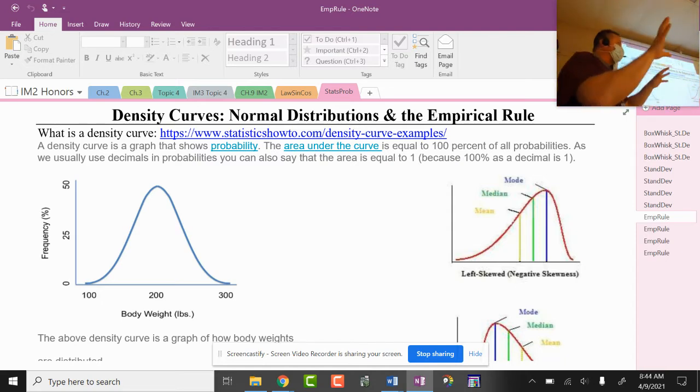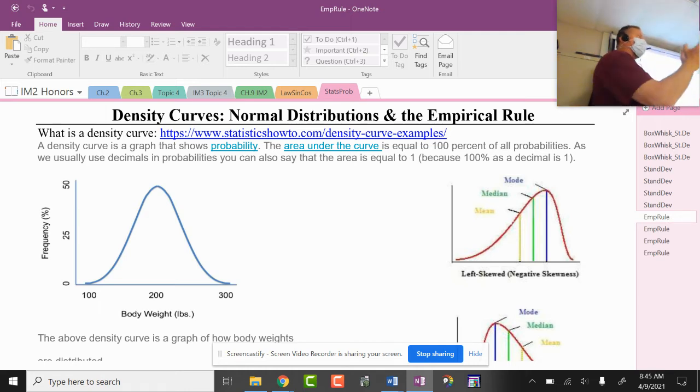So what is a density curve? I'd have to explain that first before we do the empirical rule in math. And really what it represents is probabilities, right? And the area under this curve is actually the probability of an event happening in a certain specific scenario. So a density curve is a graph that shows probability. What is the total amount of possibilities for an event to occur? 100%.